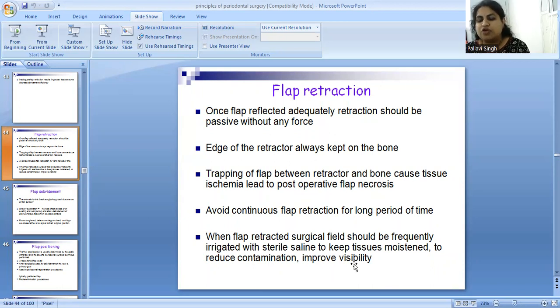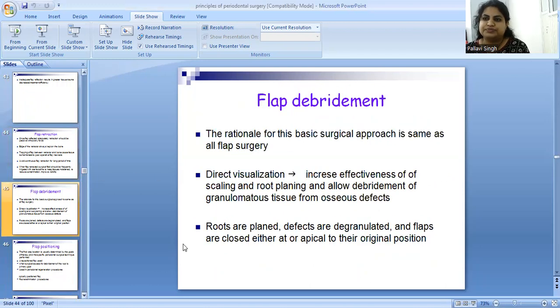So it can cause bone loss due to exposure of the bone to the surrounding tissues. So it should be kept moistened, and it also helps to reduce contamination and improve visibility, because in this contaminated area saliva pools in and blood pools in, so there is difficulty in vision.